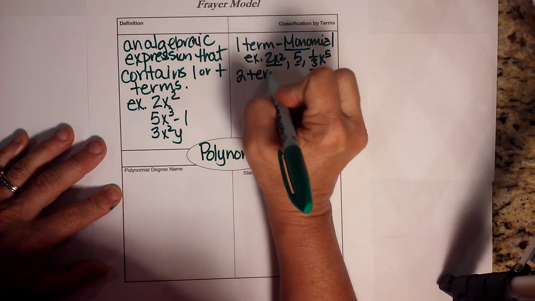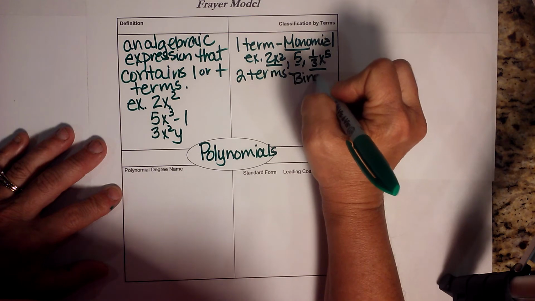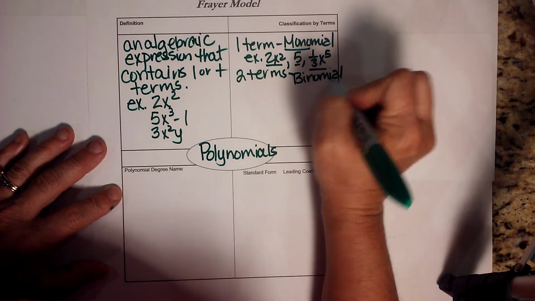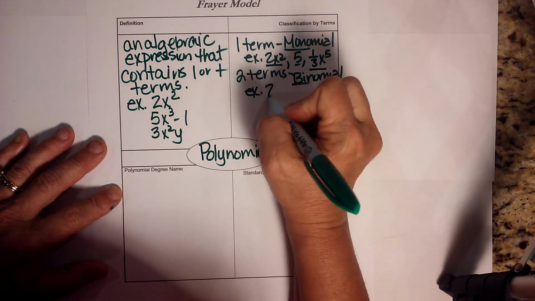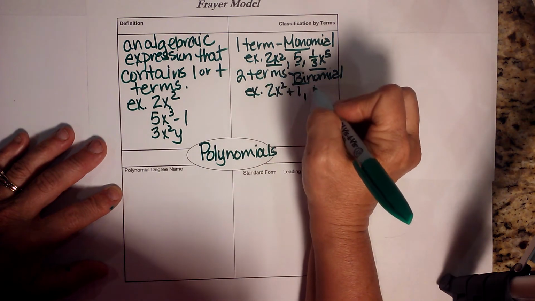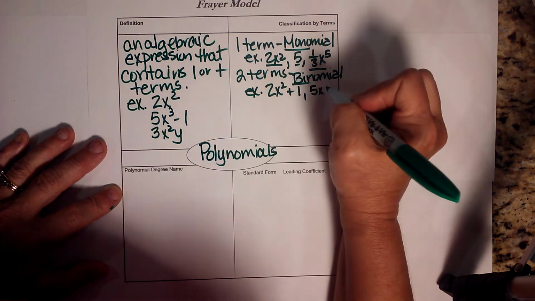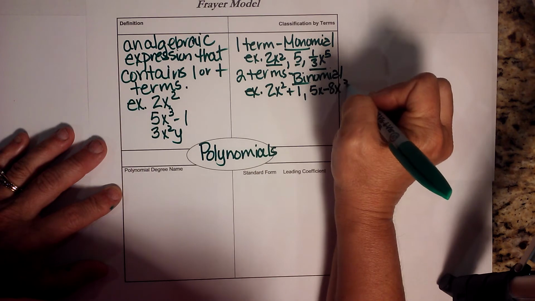Now, two terms, that is called a binomial, just like a bicycle. 2 wheels, 2 terms, bi meaning 2. So some examples might be 2x squared plus 1, or 5x minus 8x cubed.